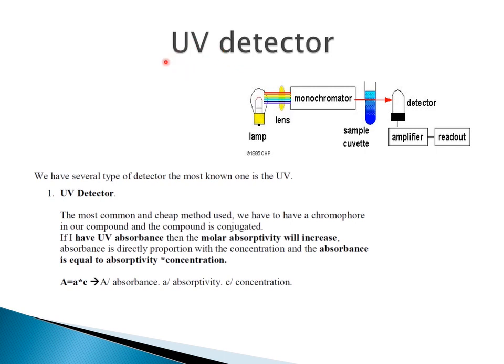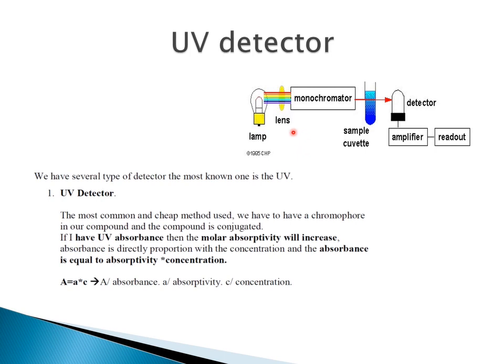As you know, the compound should be a chromophoric compound in order to be detected by UV. Simply, the compound should be an electronically conjugated compound. This kind of compound can be detected by UV due to its capability of absorbing light.